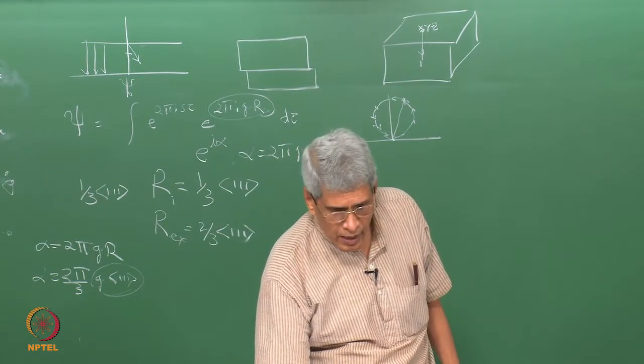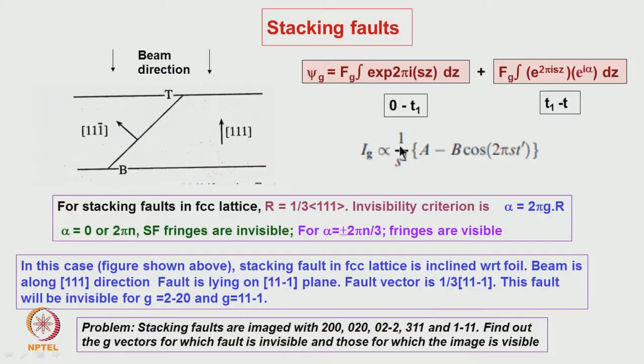That will give some variation in contrast. And in the dynamical theory, the expression it gives is that Ig is proportional to 1 by s squared, that is, the intensity is inversely proportional to the square of the deviation from the Bragg condition.